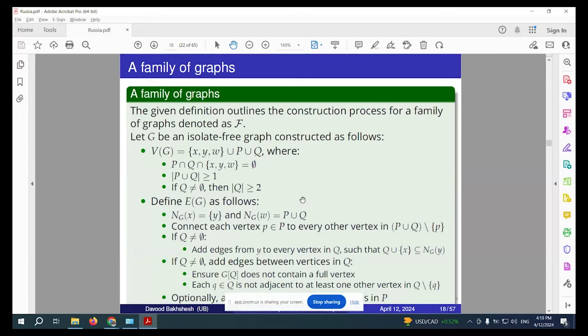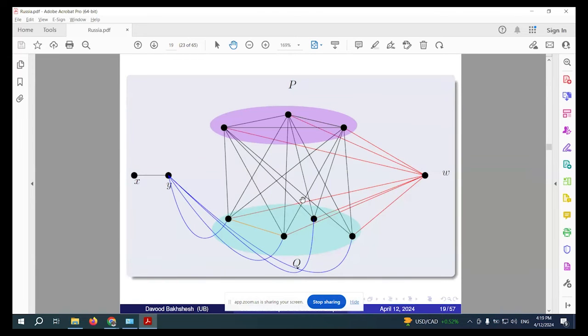The family F contains all graphs G that are constructed as follows. I described the construction on this figure. All graphs G in this construction contain the vertices X, Y, W, and the vertex set P and the vertex set Q. Now for the construction, first we connect X to Y, and X is a leaf.